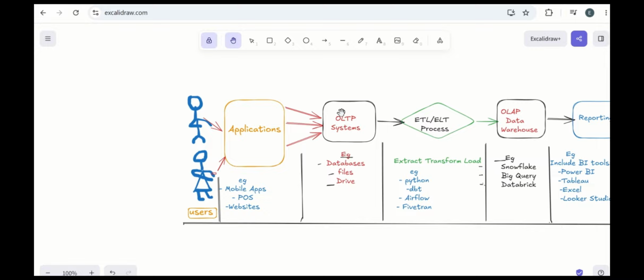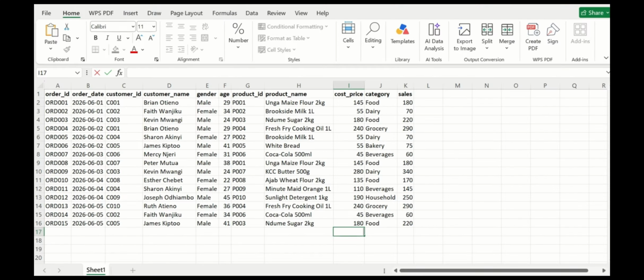Now we are building the data model for that kind of data. So let's assume that data is stored in this format, where we have the order ID, the order date, the customer name, the gender, and then here we have the product information, cost price, and then the sales.